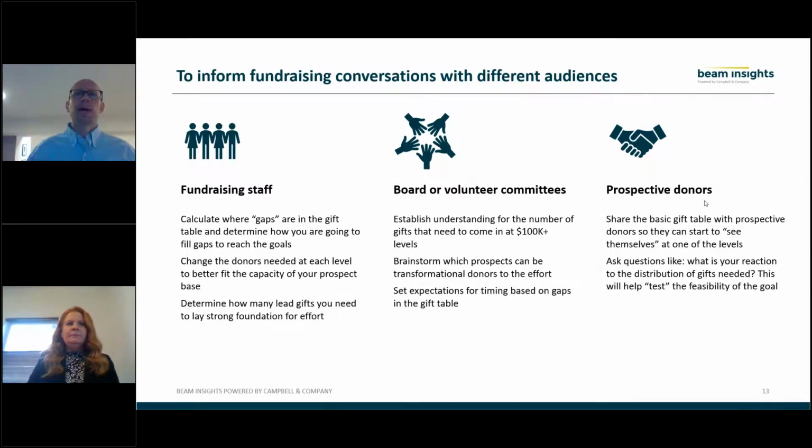They can begin to think about who are the individuals or organizations that they might influence at various levels, and also helps them to think about where they might see themselves in that gift table in relationship to, obviously, their capability, but also how they see themselves in relationship to your organization. So don't hesitate to use that as a tool as you're having conversations with donors of all size and potential as well.